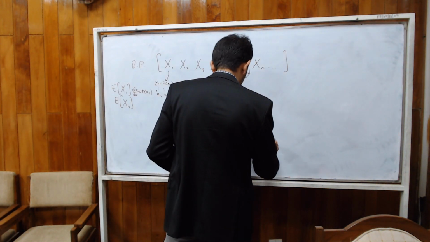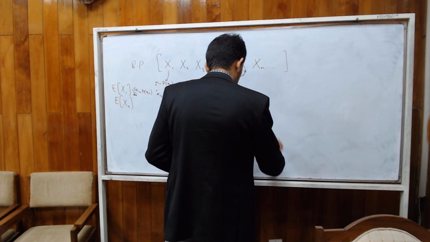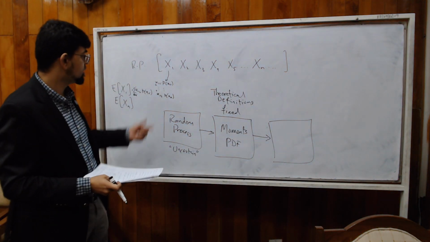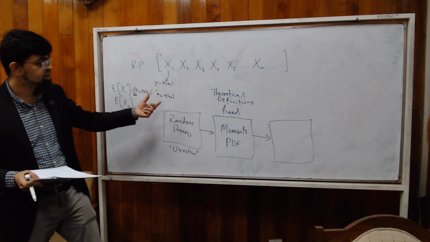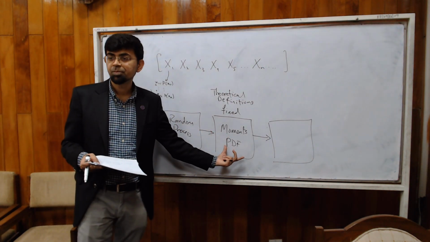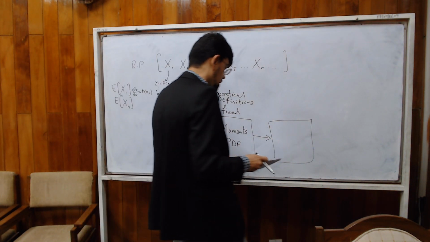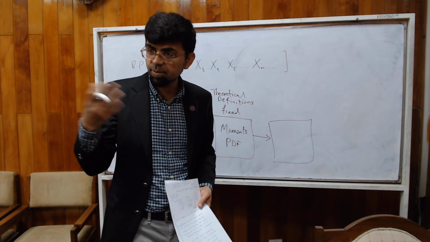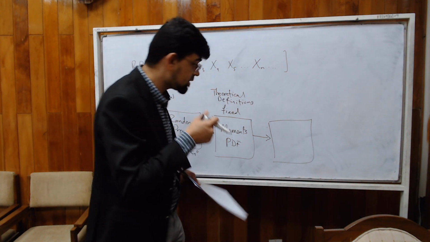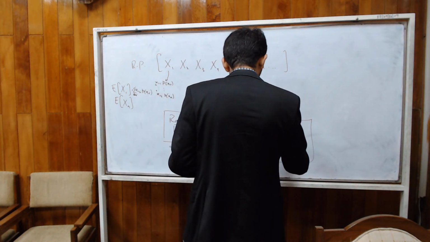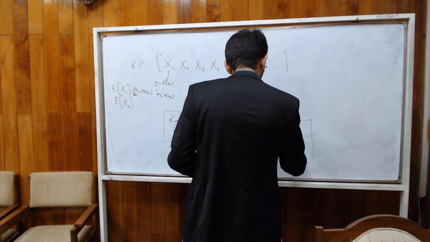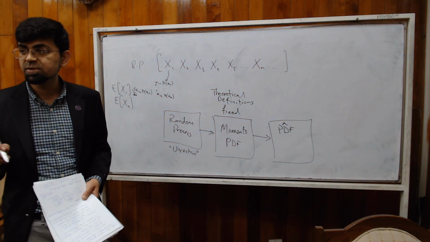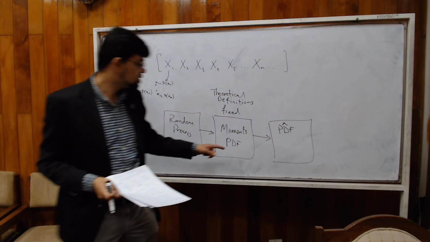Now comes the issue that we don't actually have the whole sample space to get the PDF. Unless you say it's tossing a coin, in some cases you can, but mostly it's data driven. So what you need to do is estimate. Often we put a hat to represent that this is not the true value.